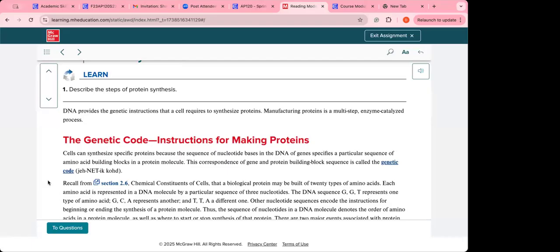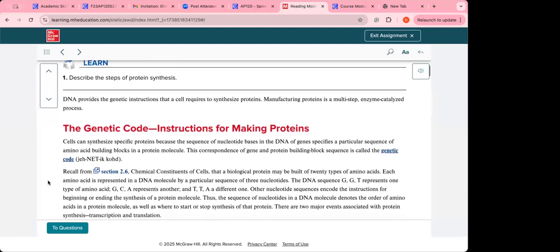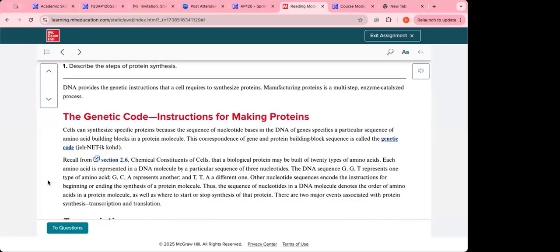So it's the sequence of nucleotides in a DNA molecule. The sequence of nucleotides in a DNA molecule denotes the order of amino acids in a protein molecule, as well as where to start or stop synthesis.